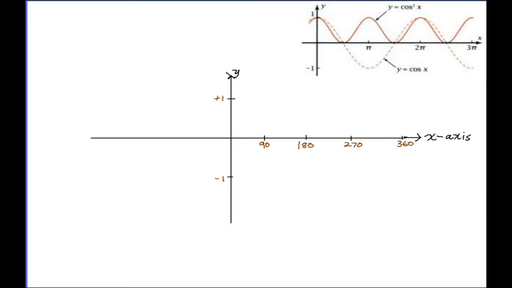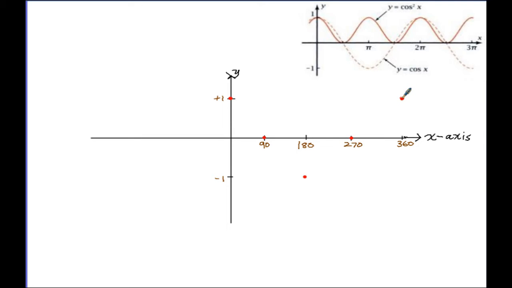This has been taken over and over, and we have said that cosine x starts with a high point of positive 1 at x equals 0. Then it is 0 at 90 degrees, negative 1 at 180 degrees, at 270 degrees it becomes 0 again, and at 360 degrees it becomes 1.